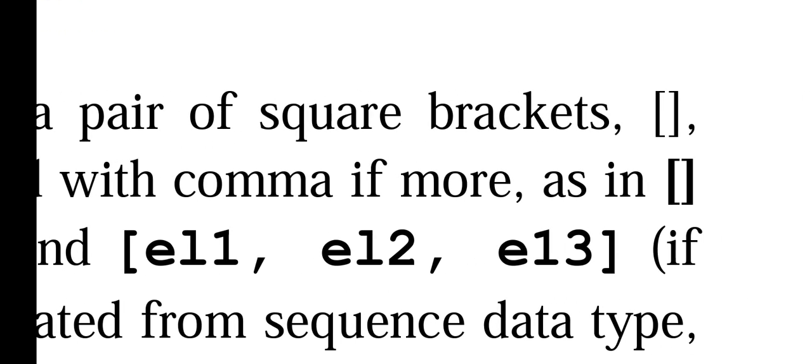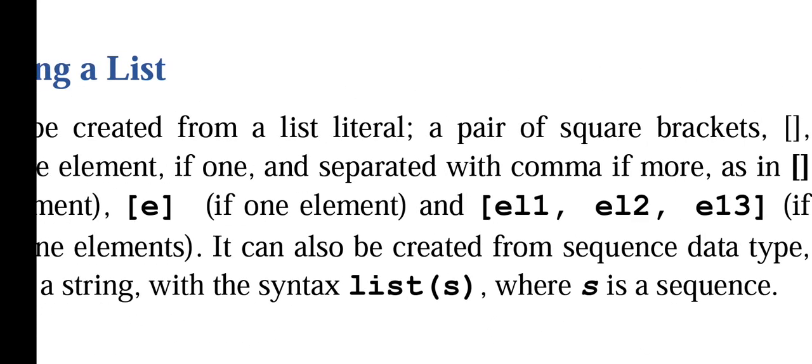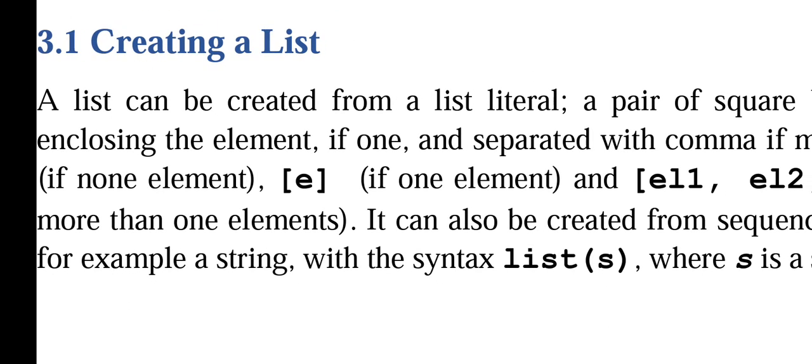This is a list that contains more than one element, 3 elements, separated using commas. So this is one way of creating a list, and a list can also be created from another sequential data type, by passing the sequential data type as an argument to the function list.